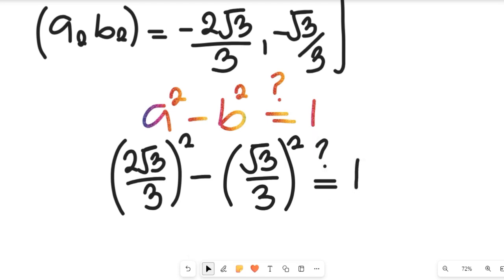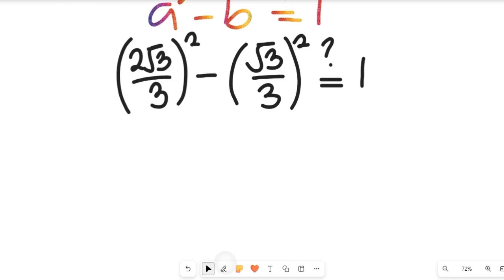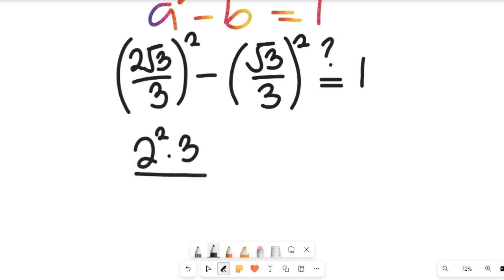Let's simplify that. Now from that expression, if you are familiar with surds, this becomes 2 square multiplied by 3, because root 3 times root 3 is equal to 3, divided by 3 square, minus 3 divided by 3 square.